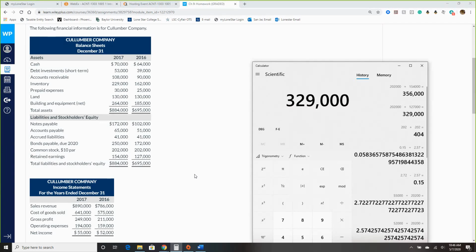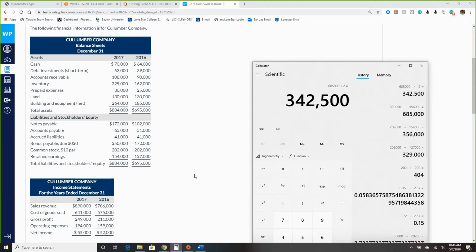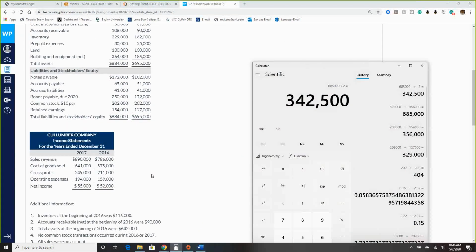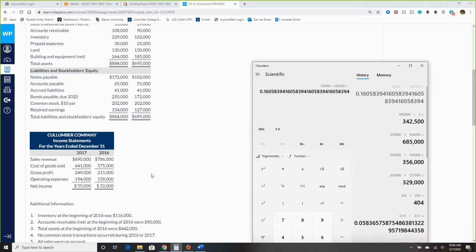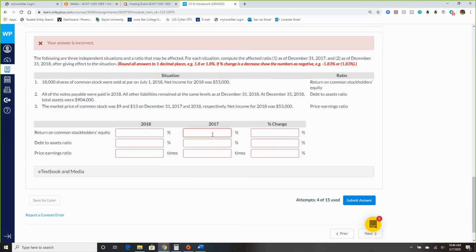Then we're going to add both and divide by 2. Then we're going to take that and go into net income. For 17, 55,000, divide by 3,200. So I have about 16.1.